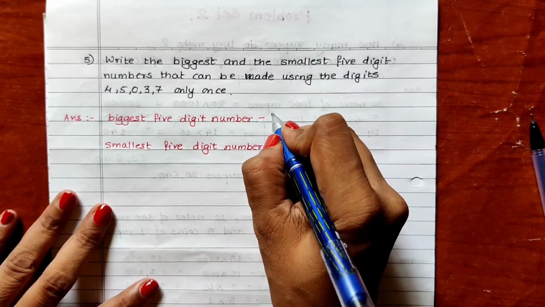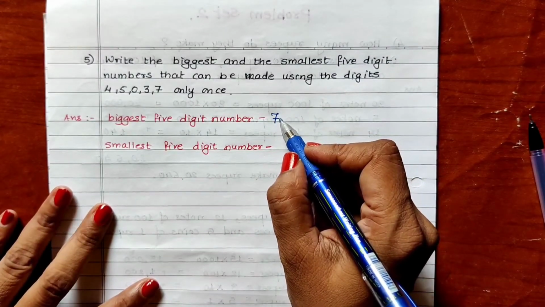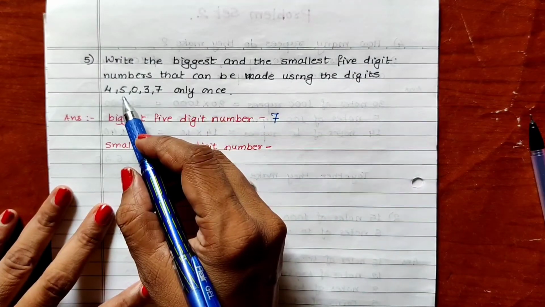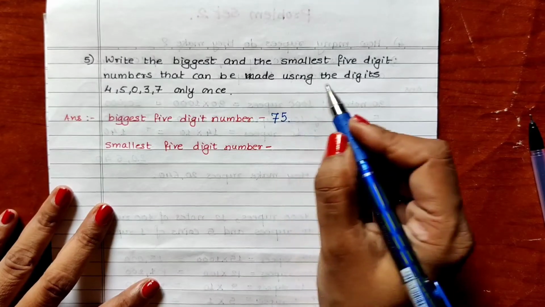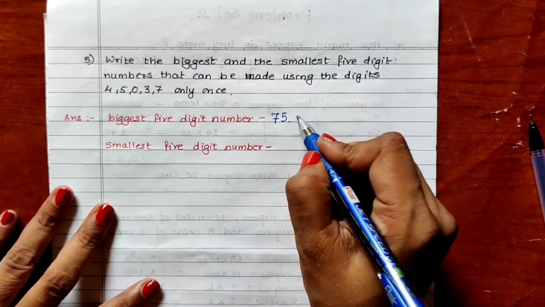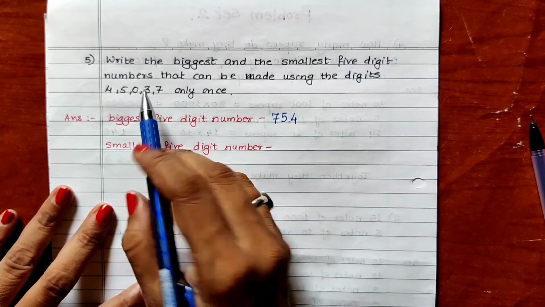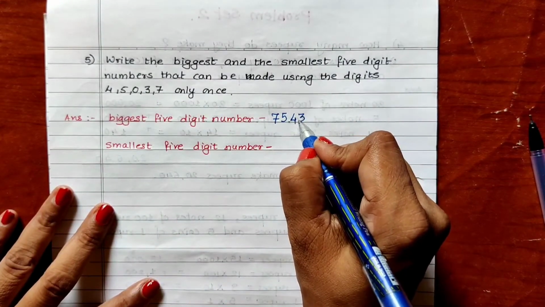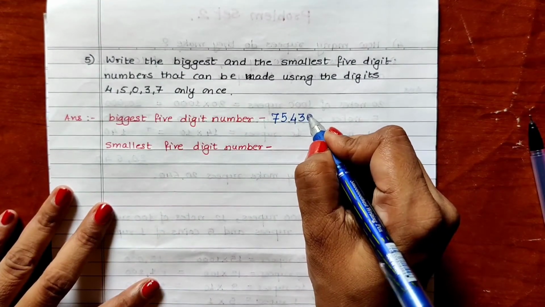So we start from 7. Now after 7, the number smaller than 7 is 5, so I write 5. After 5, the smaller one is 4, so I write 4. After 4, 3 is there, so I write 3. And then 0 is the smallest one, so 0 can be written in the end.